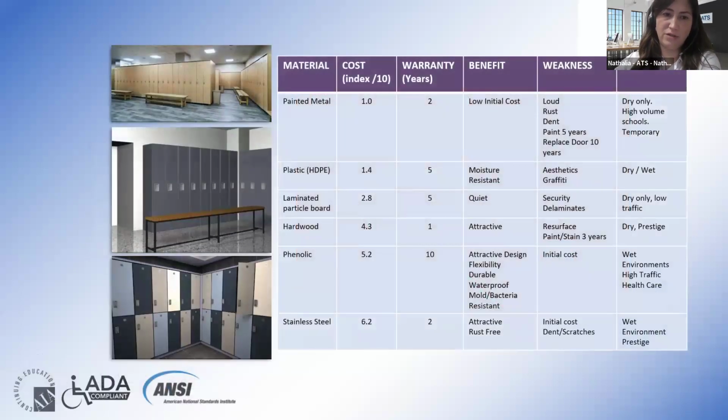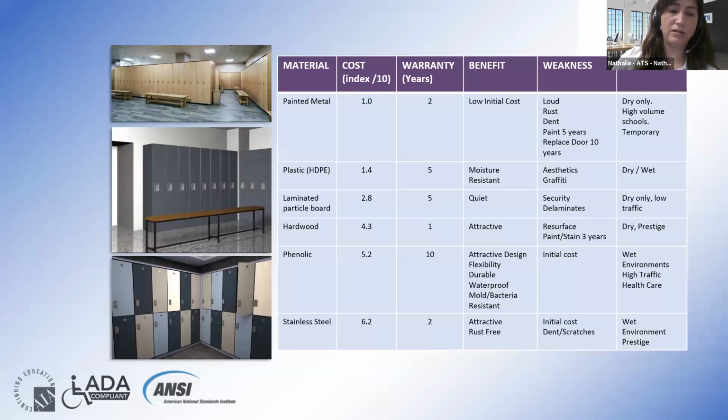We have materials from stainless steel to painted metal. In this table, you can see the index cost of each material. And of course, the costlier, you will see probably it is a more durable product, so stainless steel can take wet, anything.